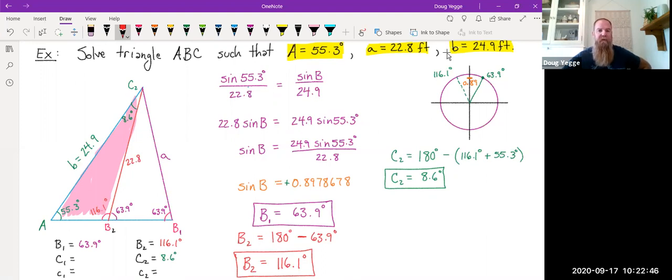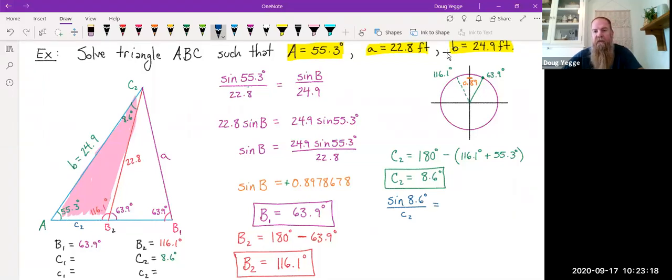So why don't we now use the law of sines in order to find the missing side, side C. So this gives me sine of C2, which is 8.6 degrees, over its opposite side, which is c2. Let's look where c2 is. c2 is this side right down here. So it can definitely help to draw this diagram each time just so you can keep track of what we're finding through the law of sines.